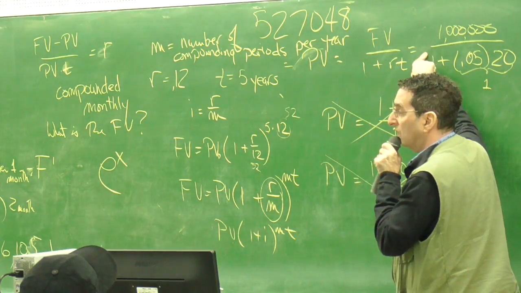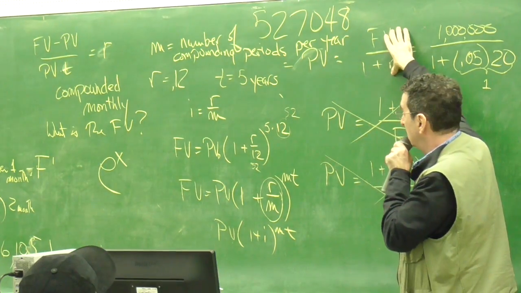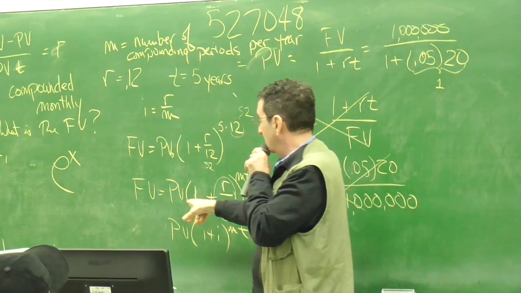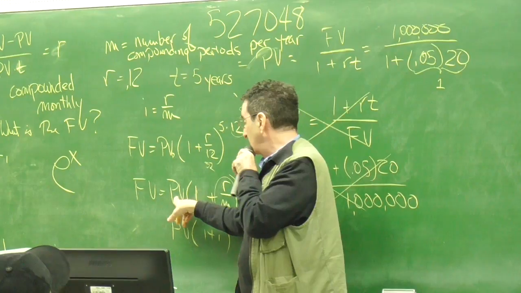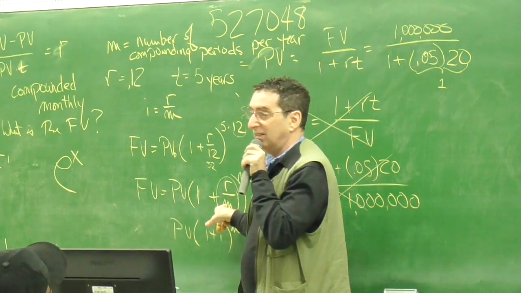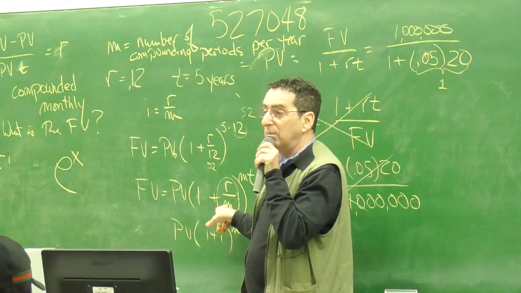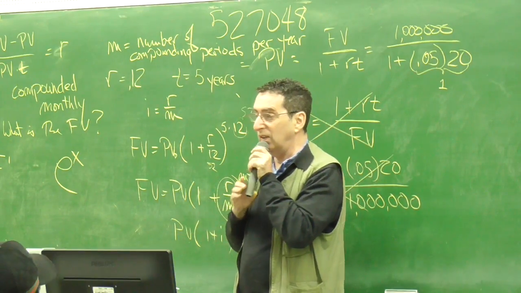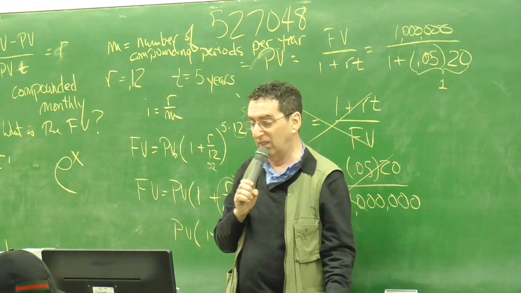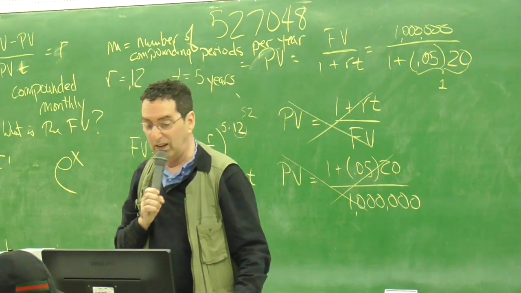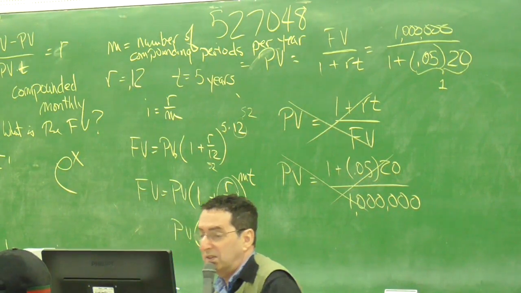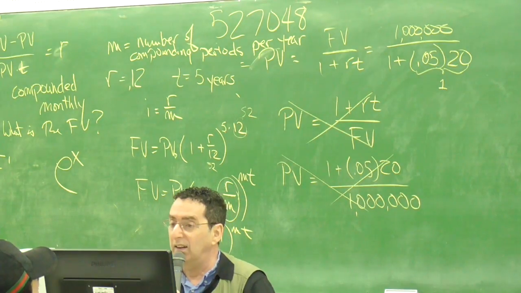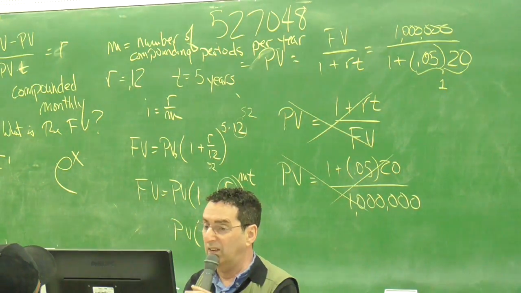This was the equation for PV right here. But now, what's the equation for PV? PV equals FV divided by this. So if you're doing compounding, you have to use a different formula. So you should also see some problems like that in the homework.